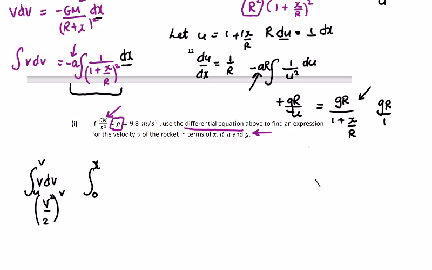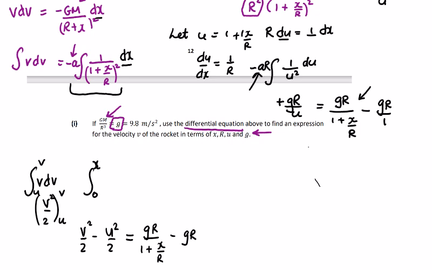So the right hand side, I probably should do it a bit neater, but if we integrate the left, we're going to get v squared over 2 minus u squared over 2, and then the right is going to give me, what do we get? We got g r over 1 plus x over r, and then we got plus, no, it's going to be minus g r, isn't it? The two parts of the integration will be minus the second one, so it's going to be minus g r. This looks ridiculous.